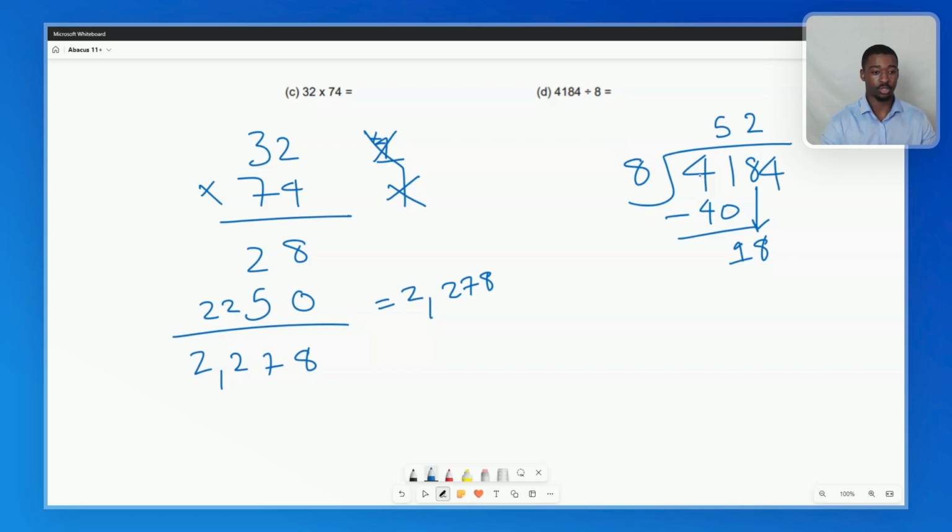Because 8 times 2 is 16. And we have 2 left over, bring down the 4. And then we have 8 into 24, which is 3. 8, 16, 24. Really helpful if we know our times tables just like that. So 3. So here we have no remainders. Our answer is 5, 2, 3.